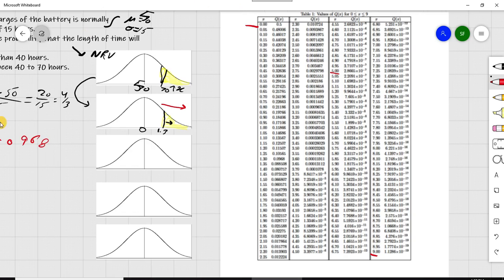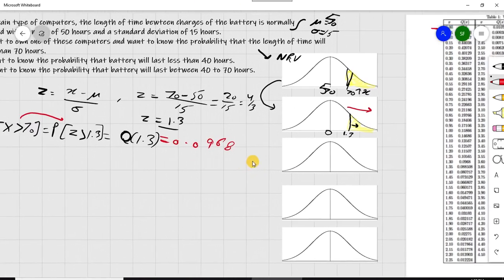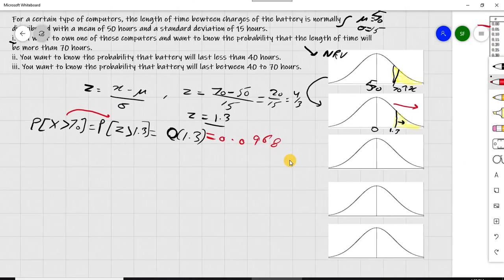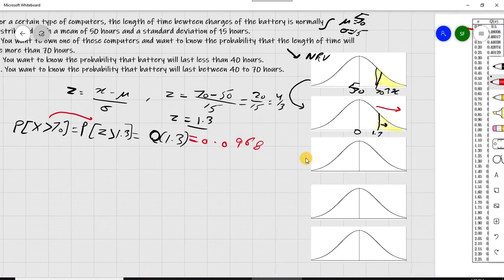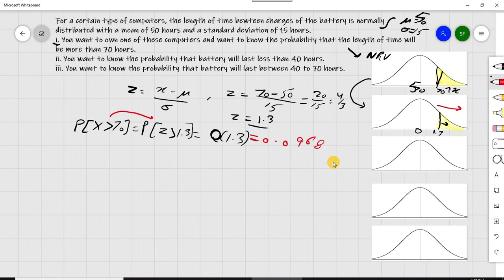So for this value, the answer came out to be 0.0968, which is 9.6%, already a very small value, even though we are just 1.3 steps away from the center. So 1.3 times the standard deviation steps away from the center. This is our current position, and the probability comes out to be this much.